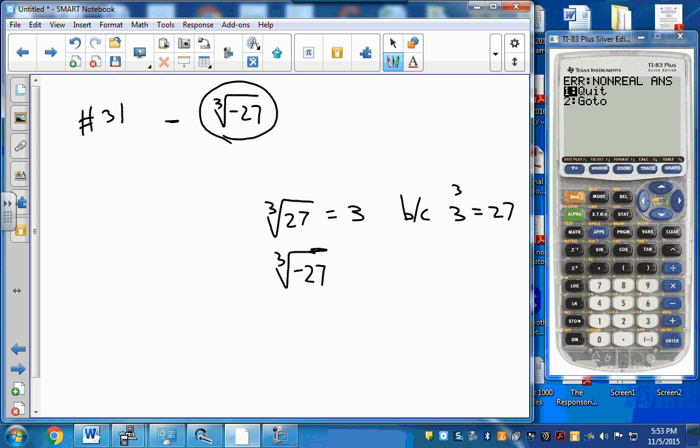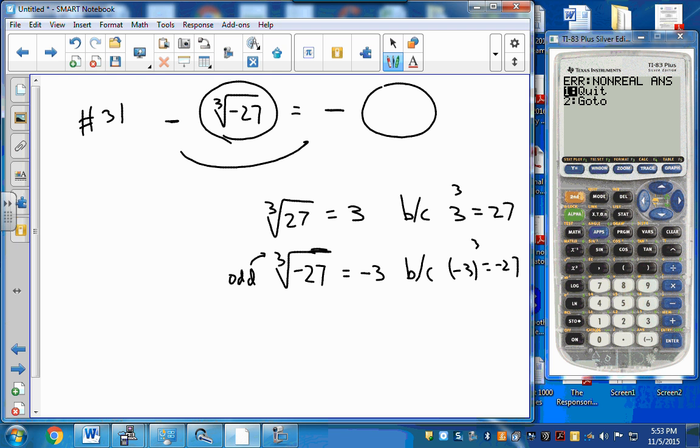This is an odd index, so there's no problem here. This will work out to be -3 because -3 cubed does give you -27. So this bit that I've circled up here is just the number -3. The problem says take the opposite of the cube root of -27, the opposite of -3, which is 3.